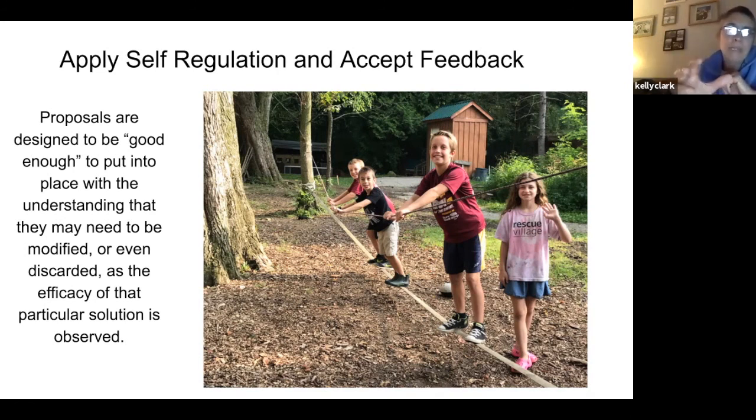And then you put them in place, and then you can see how they work, and then you can quickly go back to them and modify them. So it's a nice way of, and I use the slack line as a picture of that, where in a slack line, obviously you're getting a lot of feedback really quickly on whether you're able to navigate it successfully. And so that's a nice aspect of sociocracy.